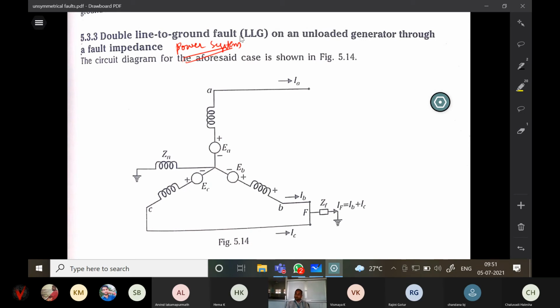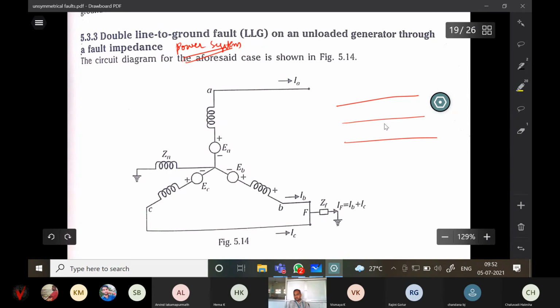Double line to ground fault means, draw the network ABC.